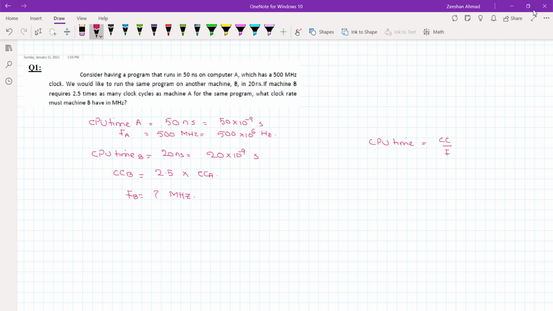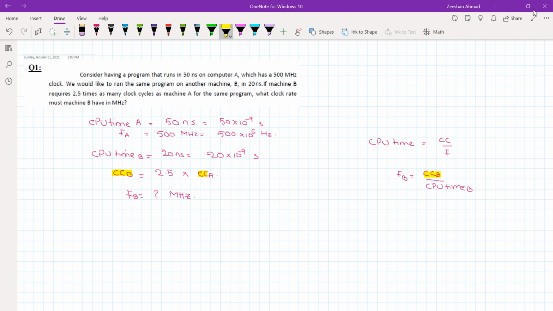So now first of all, for f of B, we can say that f in case of B will be equal to the cycle count of B divided by the CPU time of B here.